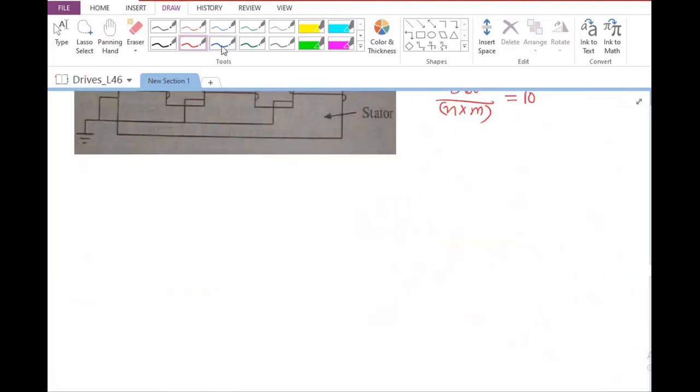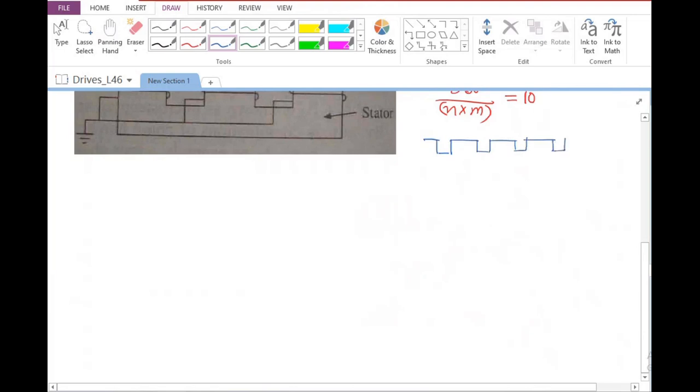Now let us say these are the stator poles. I'm just showing the stator poles somewhat like this. They will be uniform, although I'm showing them somewhat non-uniformly. Now, as far as the rotor poles are concerned, let us say one set of rotor poles is somewhat like this. So this is stack 1 of the rotor.